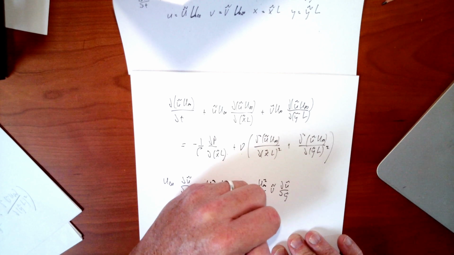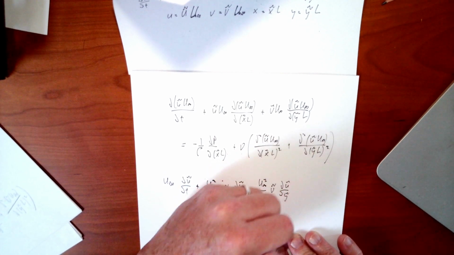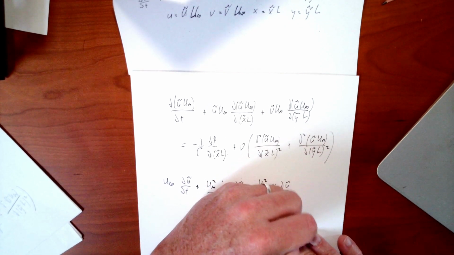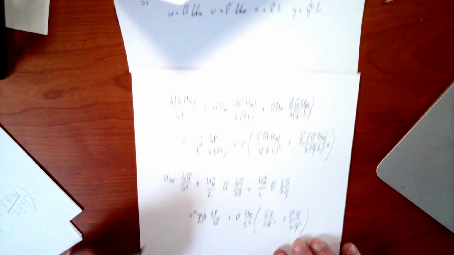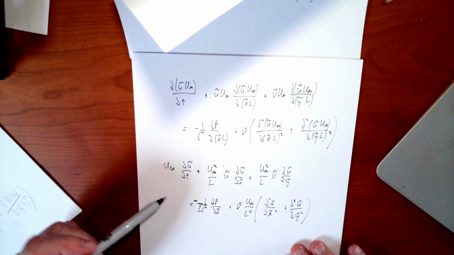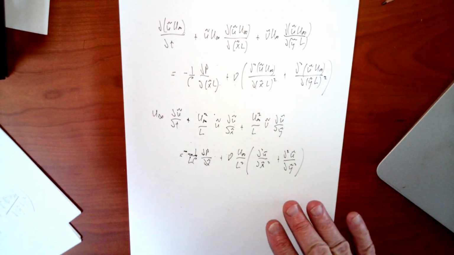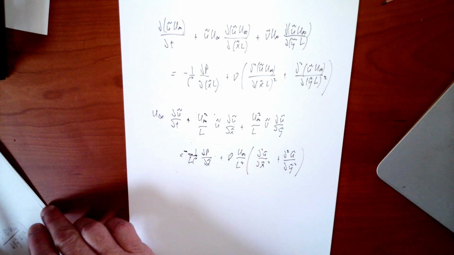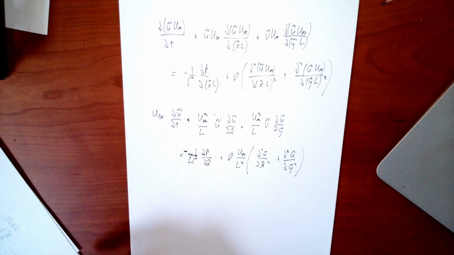And then I have d squared u tilde dx tilde squared and d squared u tilde, I'm sorry, dy tilde squared. All right, so that's everything pulled out. All the constants have been pulled out, and that's what we think it looks like. Double check to make sure I didn't make any silly mistakes, but I think it looks okay.